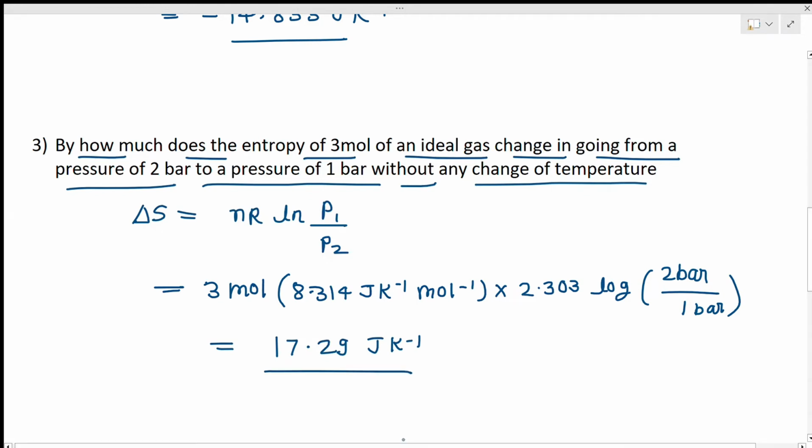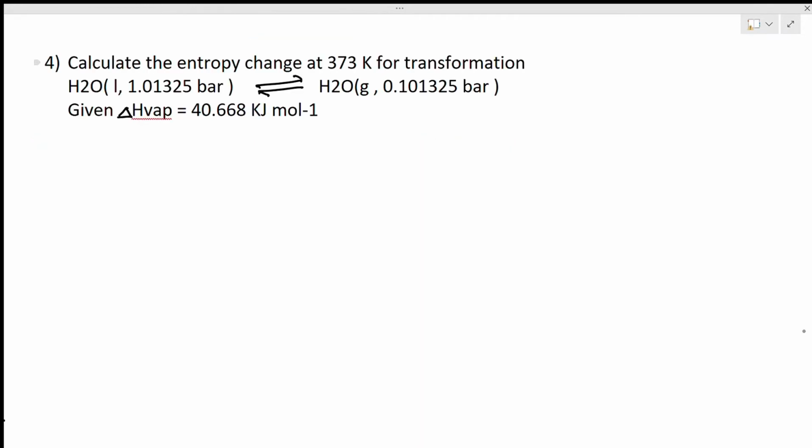Let's see the next question. Calculate the entropy change at 373 Kelvin for the transformation of H2O liquid to H2O gas from 1.01325 bar to 0.101325 bar. We are given del H of vaporization as 40.668 kilojoule per mole. So in this transformation, two steps are proceeding.